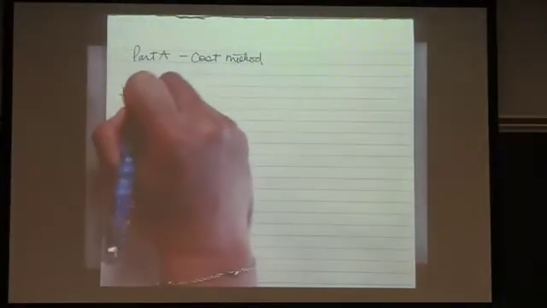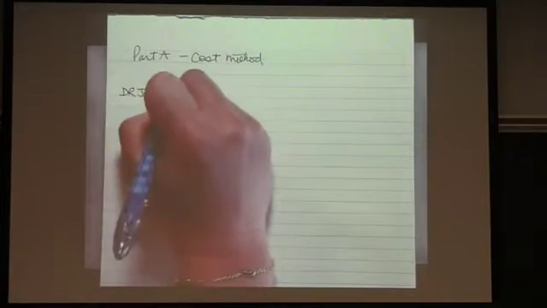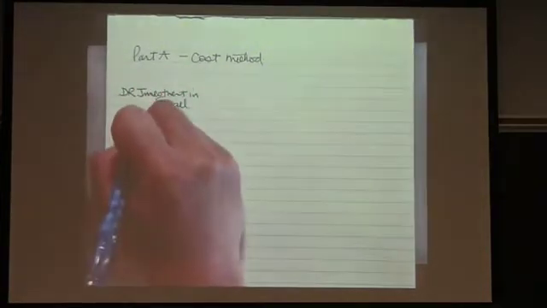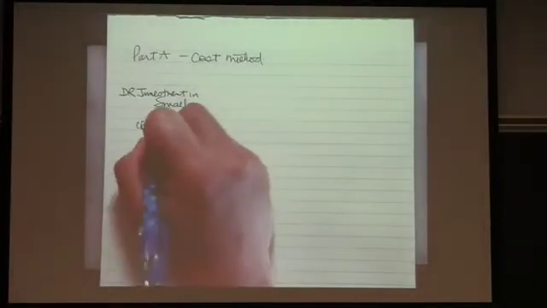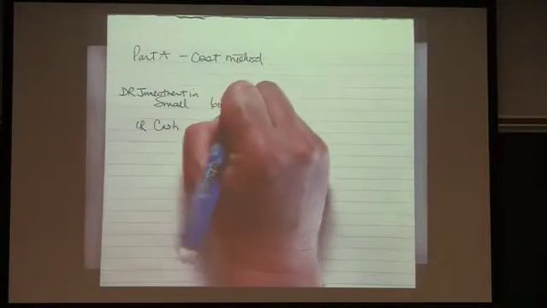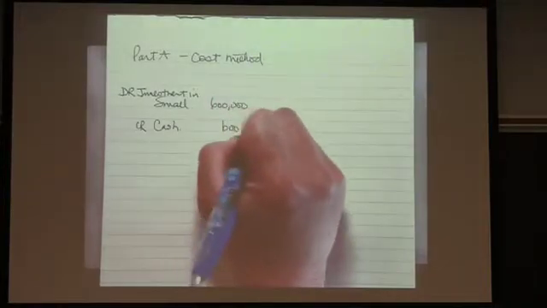So, we're going to debit investment in Small and credit cash. I'm assuming we paid cash. 600,000. And this would be year one.